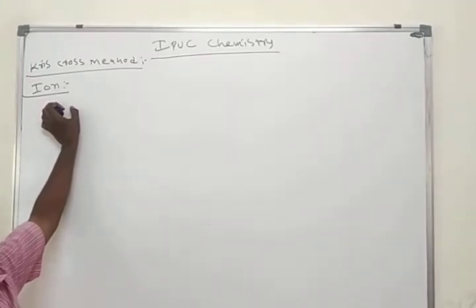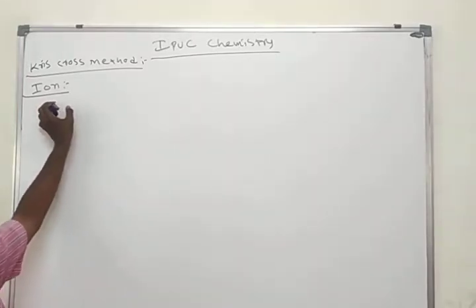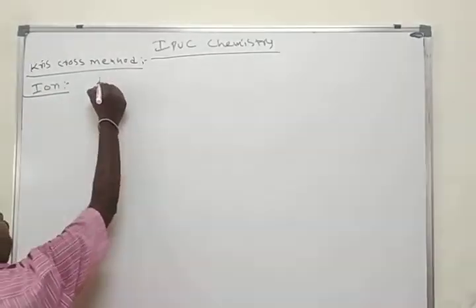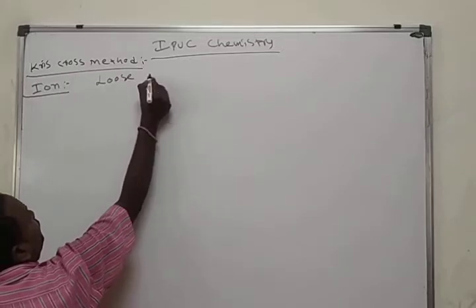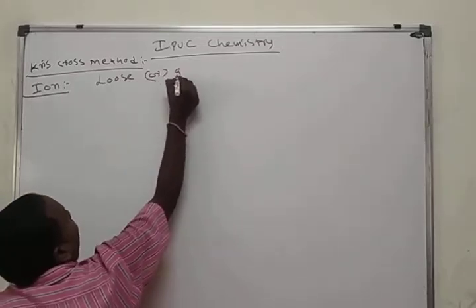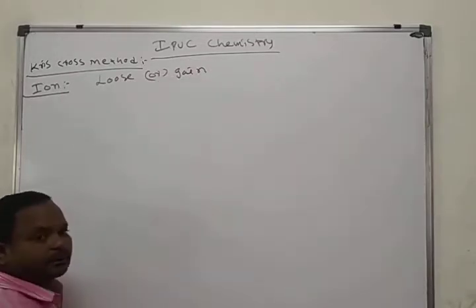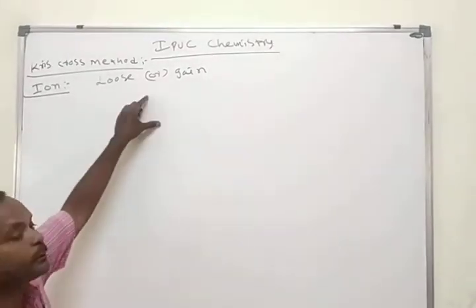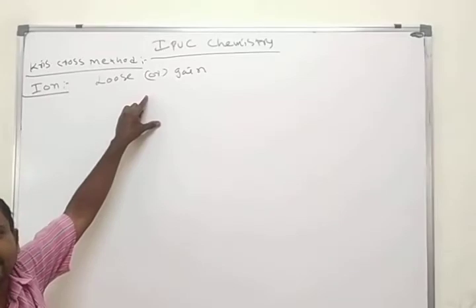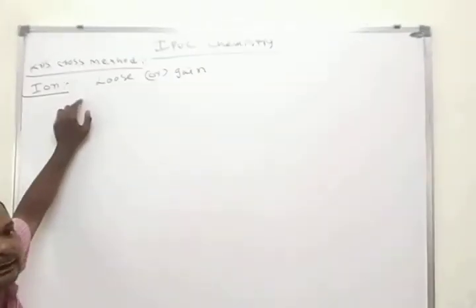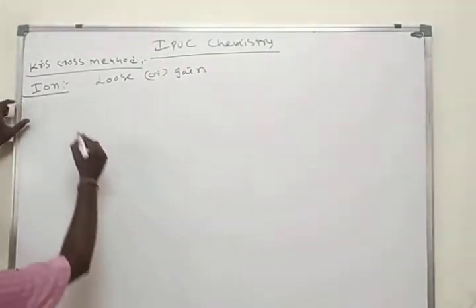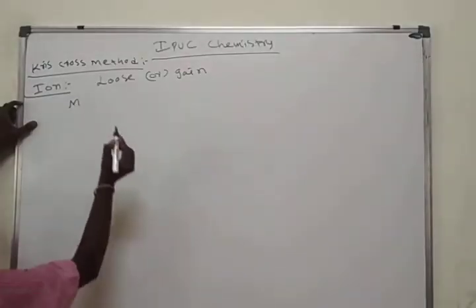How many types of ions are present in chemistry? When an atom loses or gains an electron, it converts into a species that we call an ion. Suppose M is the atom.